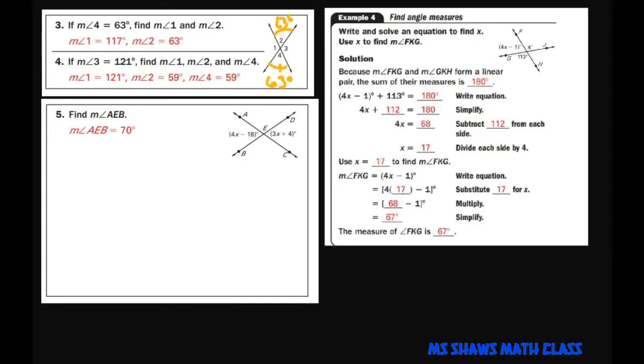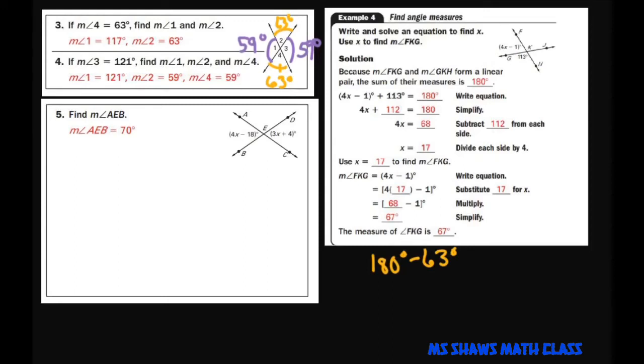And then using your supplementary angle theorem, you take 180 minus 63, and you're going to get 117 degrees. And then using your vertical angle congruence theorem, this measure of angle 3 would also be the same.